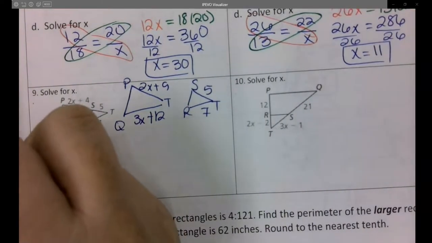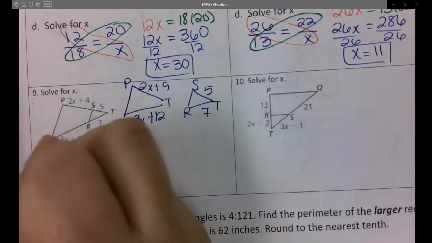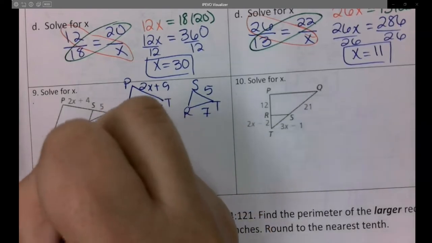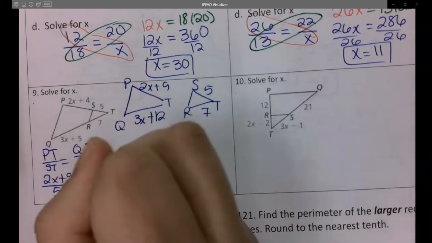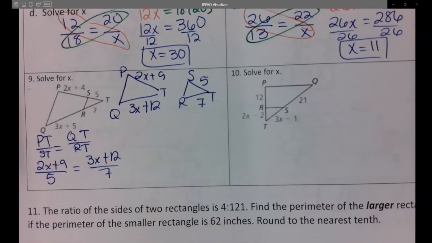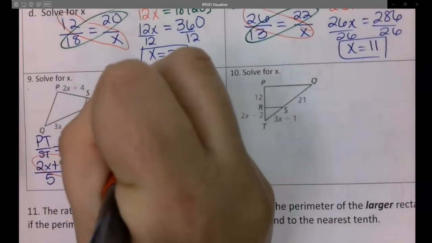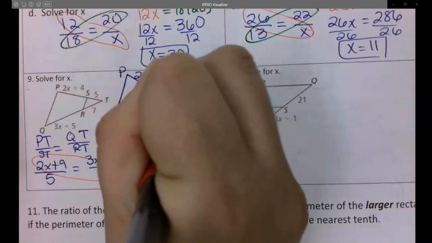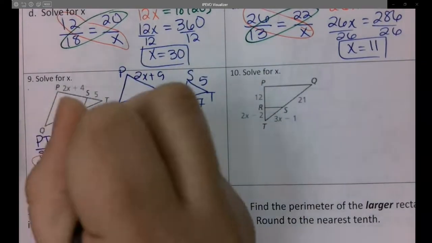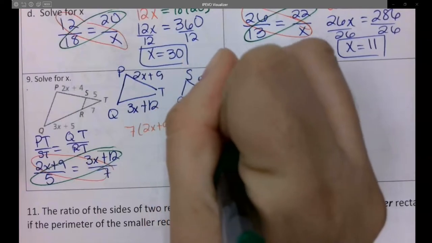So PT is 2x plus 9, ST is 5, QT is 3x plus 12, and RT is 7. Then I want to go ahead and cross multiply. So I'm going to have 7 times 2x plus 9, and then I'm going to get 5 times 3x plus 12.